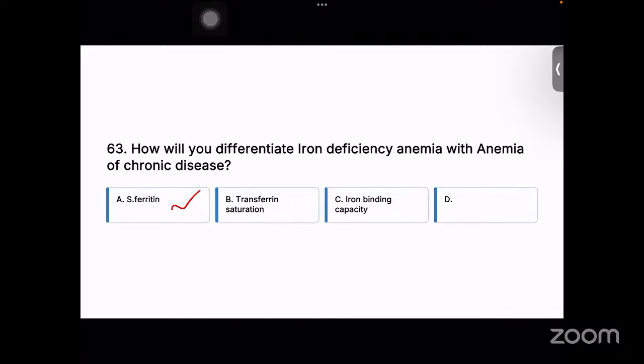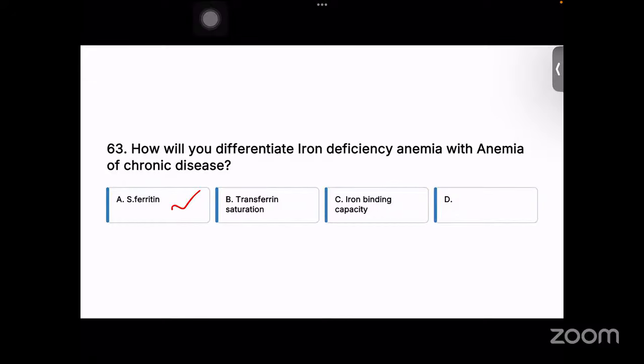So here, serum ferritin is the option. Serum ferritin is a single test to differentiate them, because ferritin will be low in iron deficiency, while normal or high ferritin will be in anemia of chronic disease.